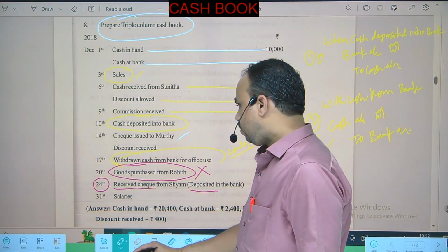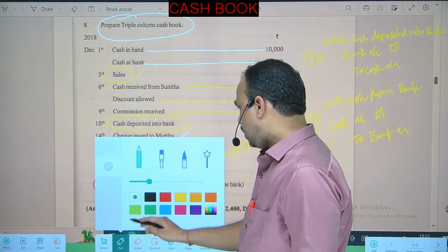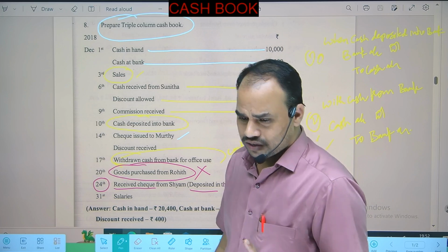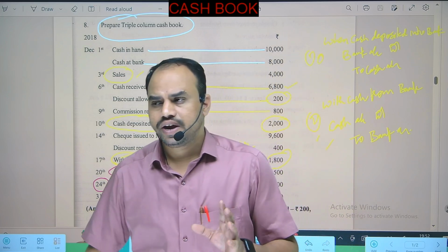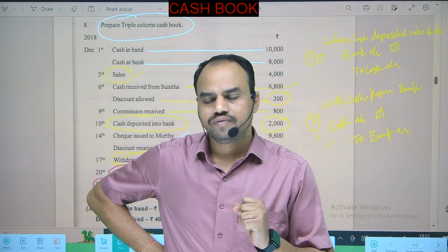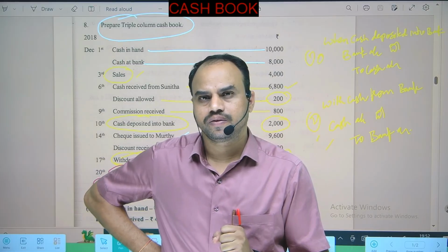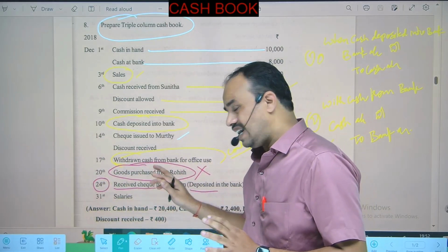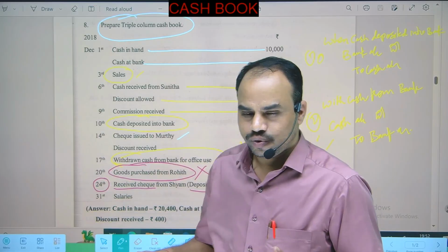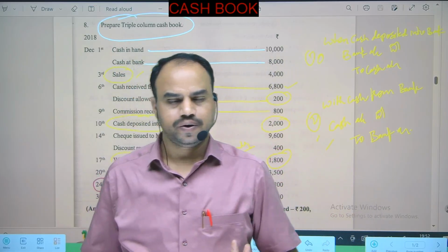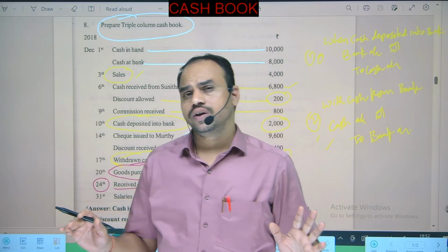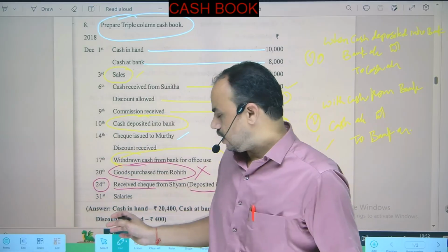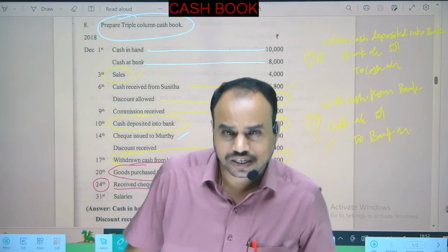Okay, see the last one, salaries. What is the last one given here? Salary is given. See, I told you in previous classes also, whenever we are doing accounts you have to think from the business point of view. Here salary paid is given, which means the business is paying salary.